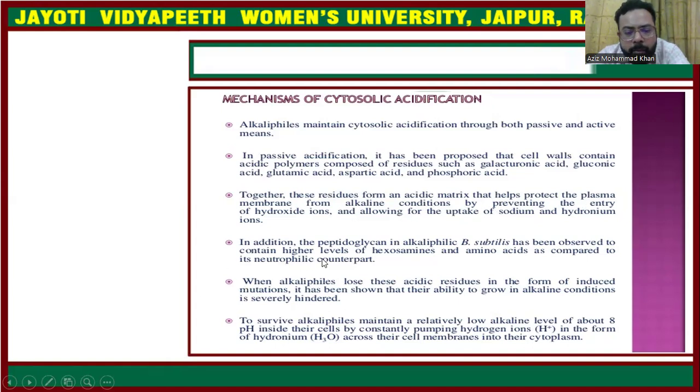So in addition to the peptidoglycan in alkalophilic Bacillus subtilis, they have some higher level of hexosamines and amino acids. For the neutrophilic counterpart, it is also necessary to maintain the neutrophilic conditions, by which the pH can be maintained inside the cells so that the outer environment cannot affect the inner environment of the cell.